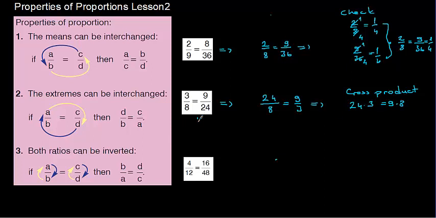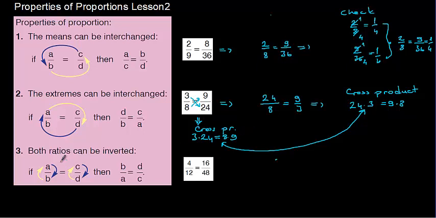For this operation, the cross product is 3 times 24, and 8 times 9, and both of them are 72. As you see, they are equal to each other. So we are changing the ratio, we are not changing the proportion, and we are not changing the cross product also.